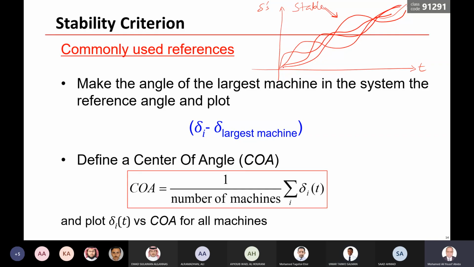The angle difference here is what we are interested in. Does the angle difference increase or decrease? If you draw the center of angle, this is the center of angle versus time. The center of angle is defined as the summation of the angles at each instant over the number of machines.